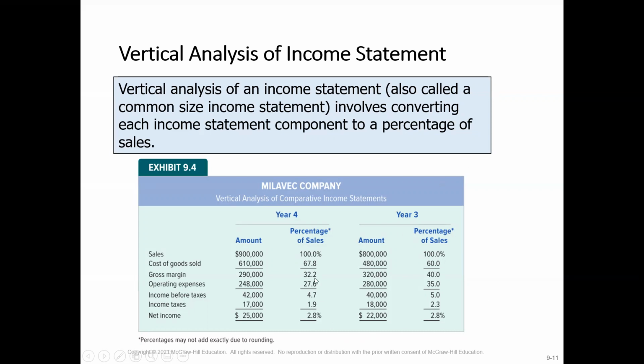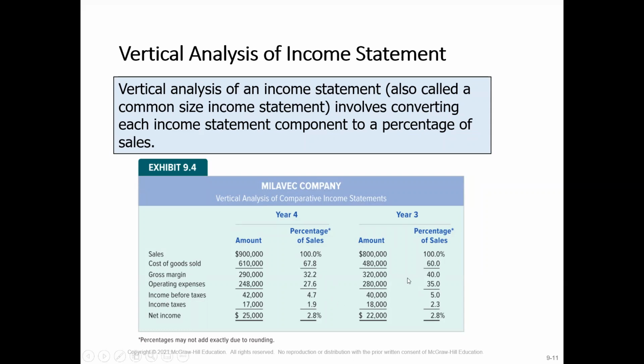So just looking at Milavec company between year 3 and 4, something happened in year 4 which drove up our cost of goods sold. So management may have a meeting about that and determine, well, maybe we need to increase our price as a result, because our price is not being increased as a percentage of sales, maybe what it should be.